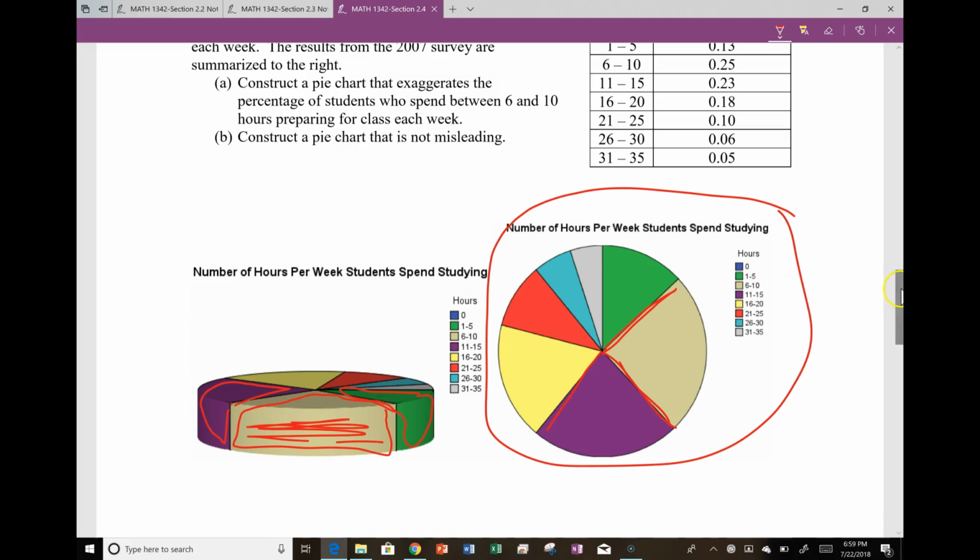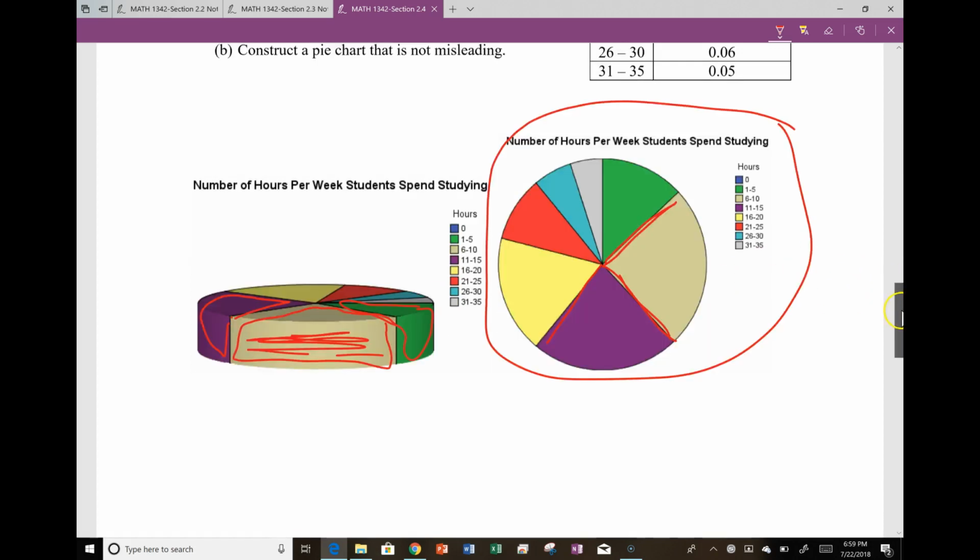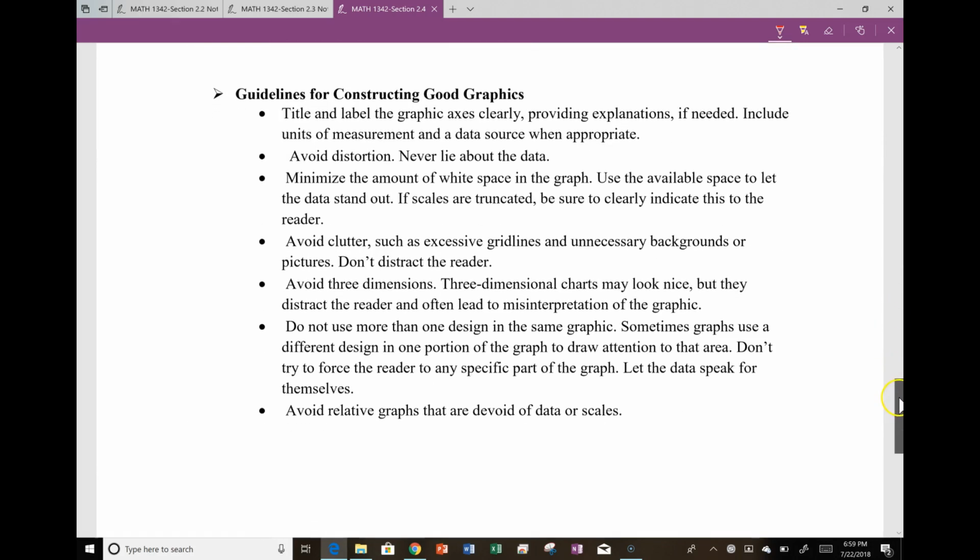When we talk about graphs and misleading data, we have some guidelines that we want to make sure that we follow. The first is to title and label the graphic axes clearly. You've heard me talk about that in the other videos. Make sure that you are labeling them appropriately, not just class limit, class midpoint.